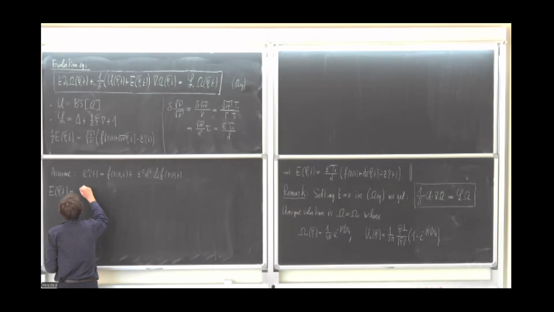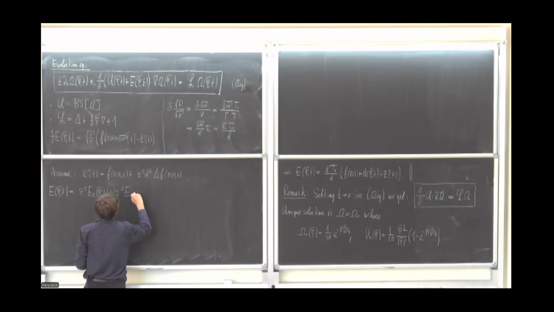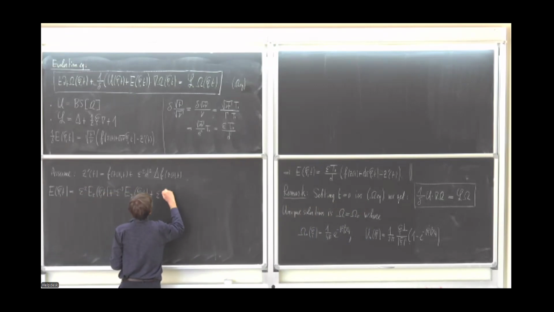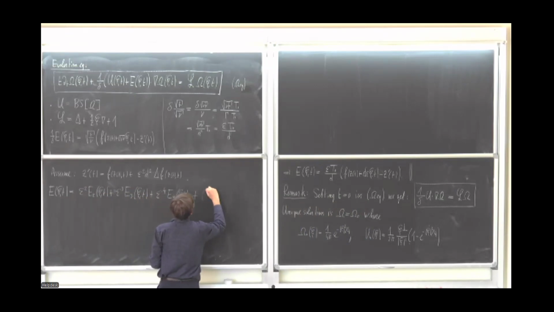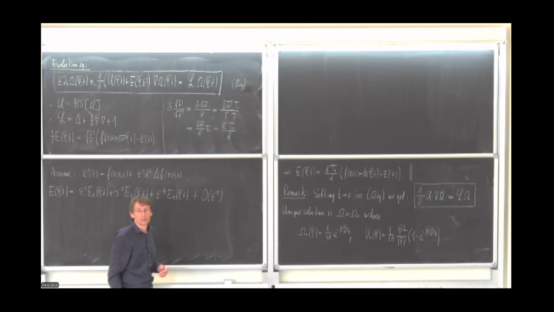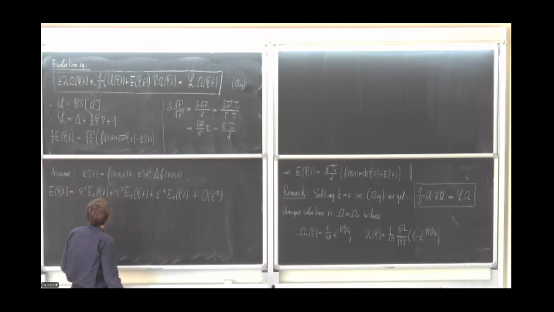So this will be epsilon squared E2 of psi, t, plus epsilon cubed E3 of psi, t, plus epsilon to the fourth E4 of psi, t, plus, of course, a remainder which is of order epsilon to the fifth power, because this is not a polynomial in epsilon.